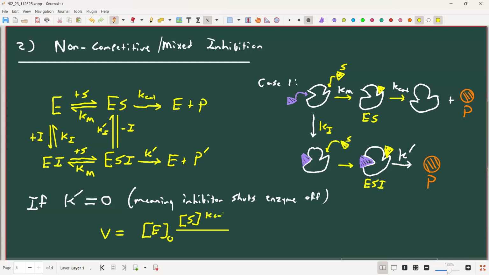But K-cat gets modified by 1 plus I over Ki. And then we have just below the same thing that we have for Michaelis-Menten.